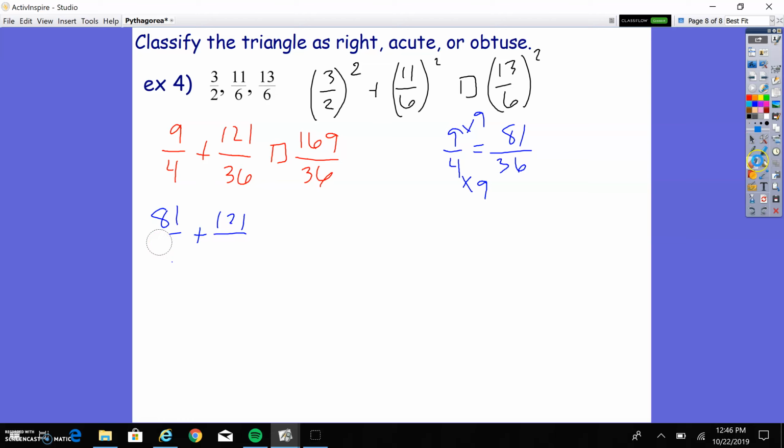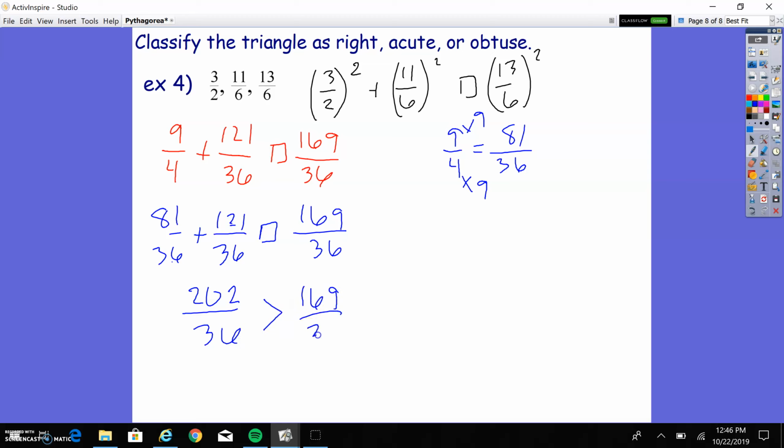Let me fix that. 81 over 36, and then 121 over 36. And we're going to compare that to 169 over 36. So 121 and 81 is 202 over 36, and that is greater than 169 over 36. So we have an acute triangle.